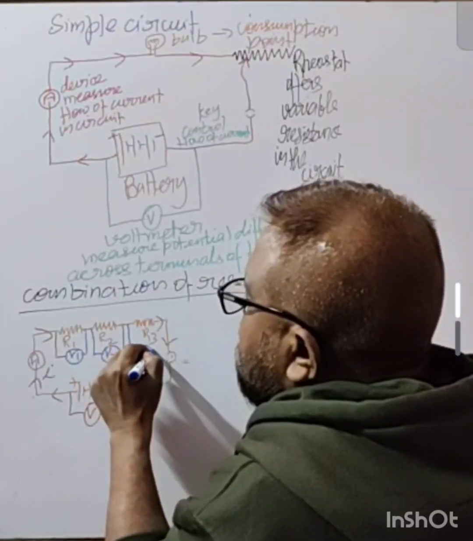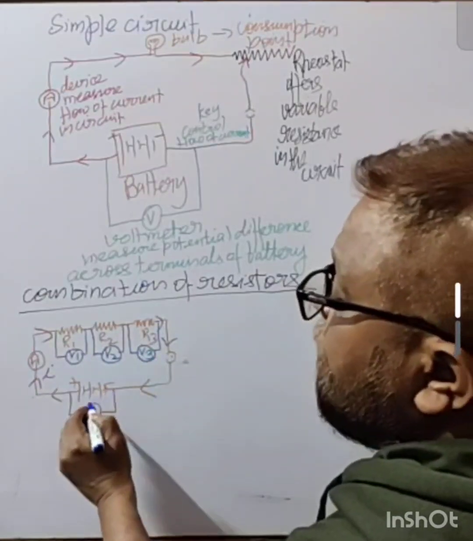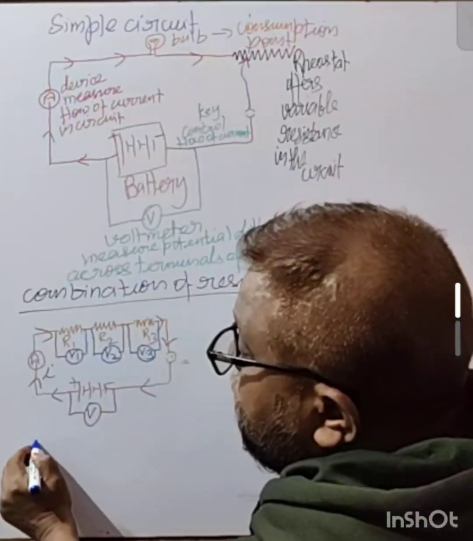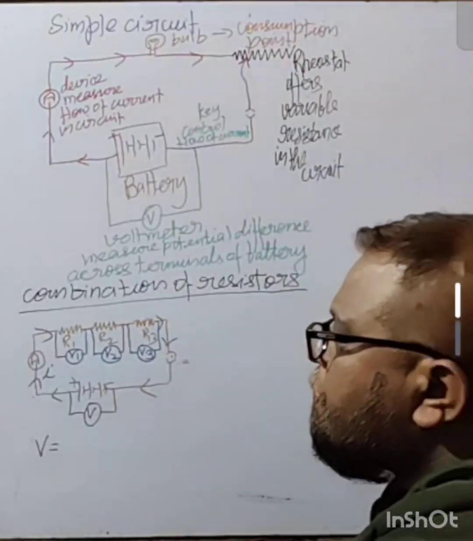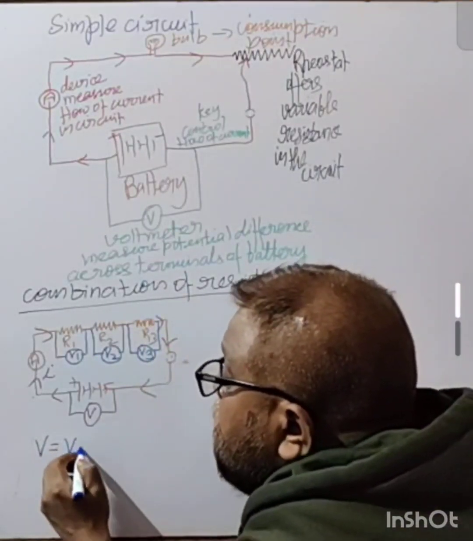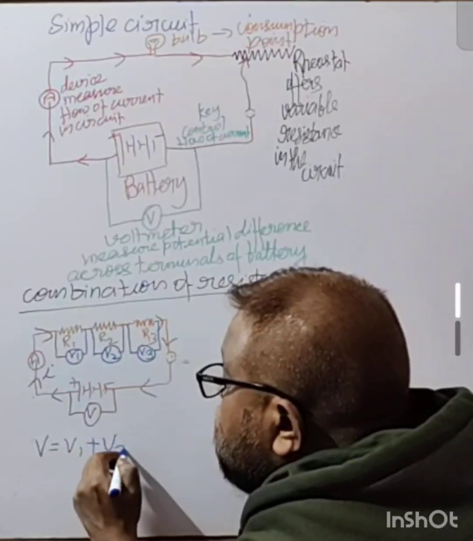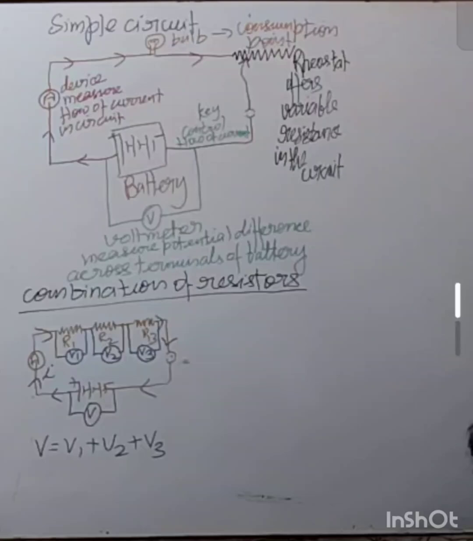And the sum of all these potential differences: V is equal to V1 plus V2 plus V3.